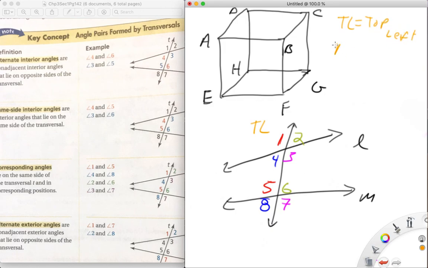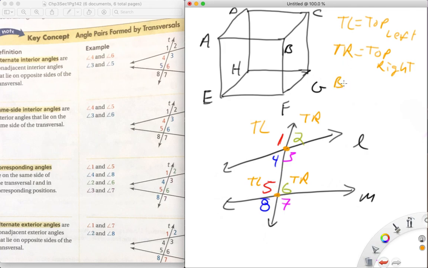I have TR, which means top right. And it's always along the intersection point. So top left, top right of the intersection.